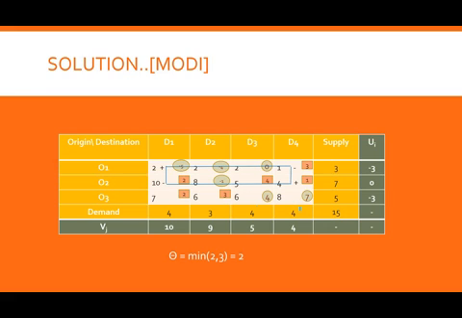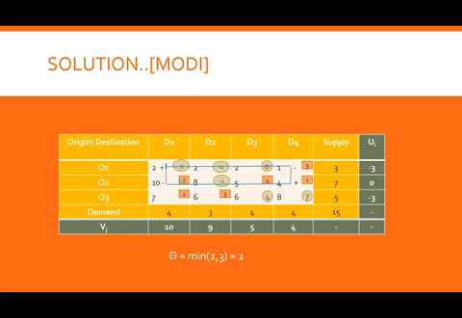So out of all the EIJ values, identify the most negative EIJ. I have 3 negatives, minus 5, minus 4 and minus 1. Out of these 3, which is the most negative? Minus 5. So I take this as the first end point or the corner point.